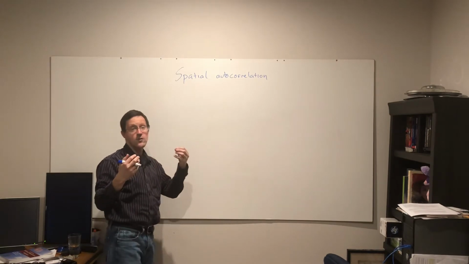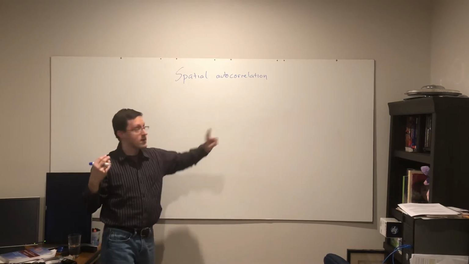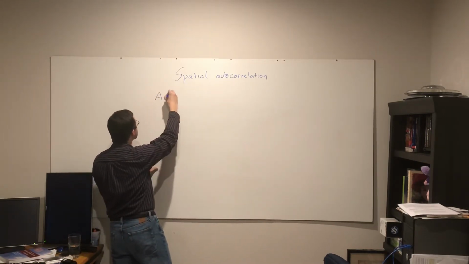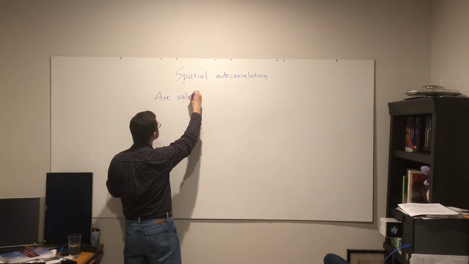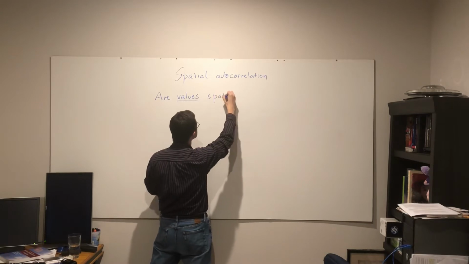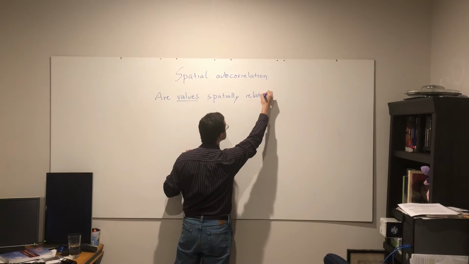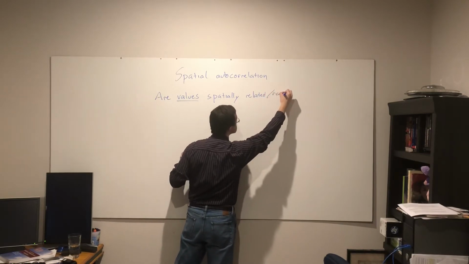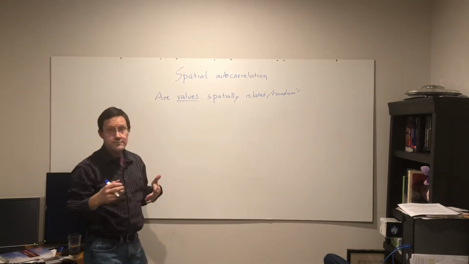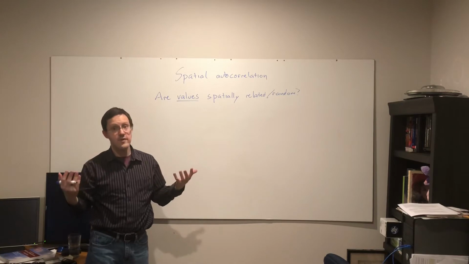Whereas point pattern was about are the locations random, this gets to attributes. So now instead of the location, I'm interested in the attribute.